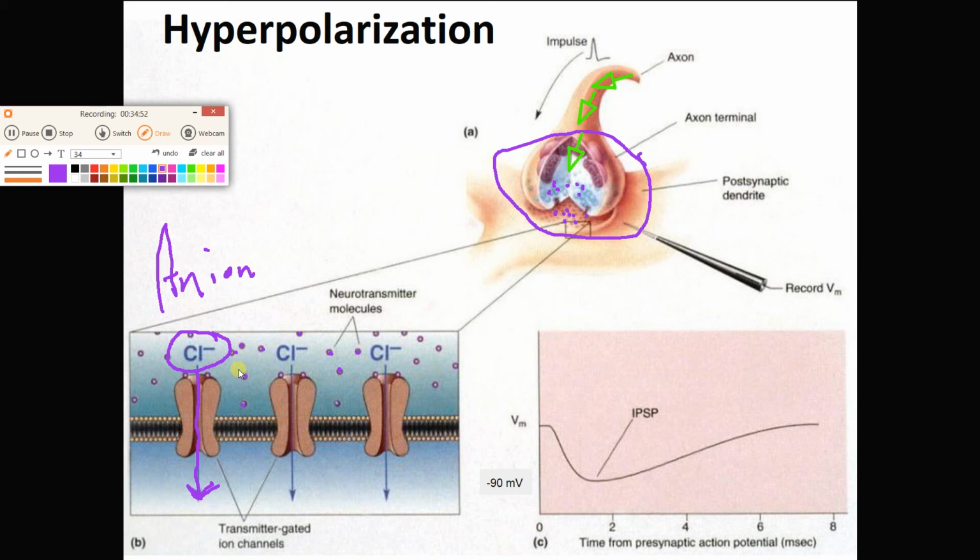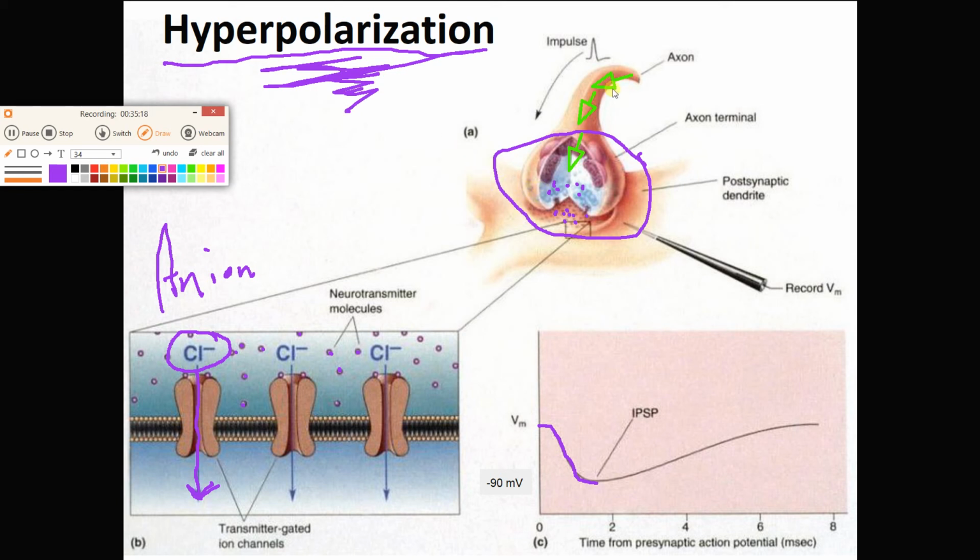That makes the membrane potential more negative. So we start out at rest and then we got more negative. And what kind of change is that? That is a hyperpolarization, because the inside is now more different. The inside is more negative, more different than the outside. So it got hyperpolarized.